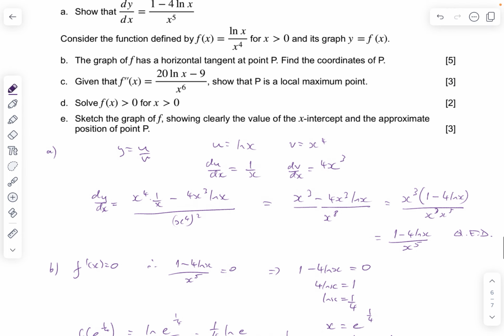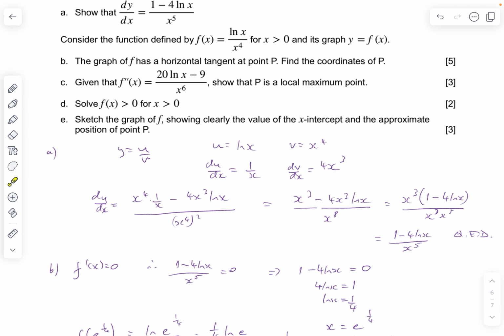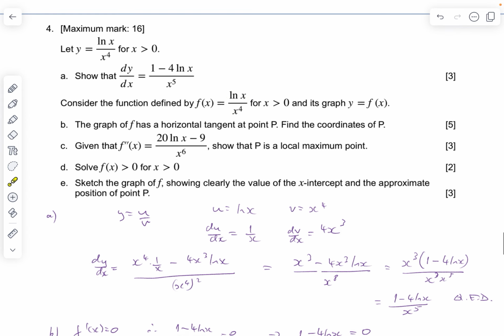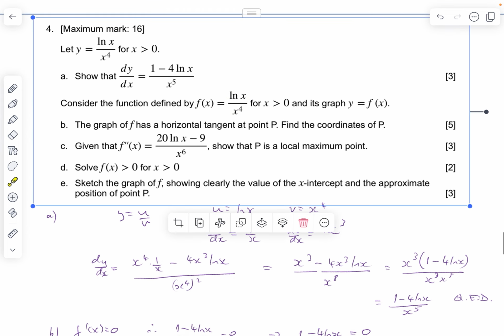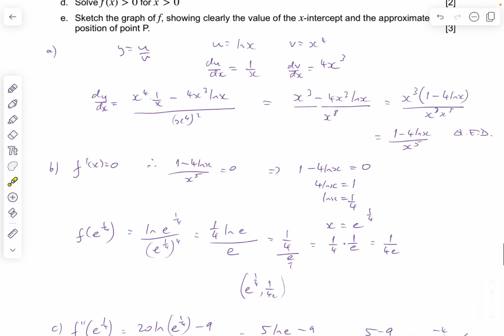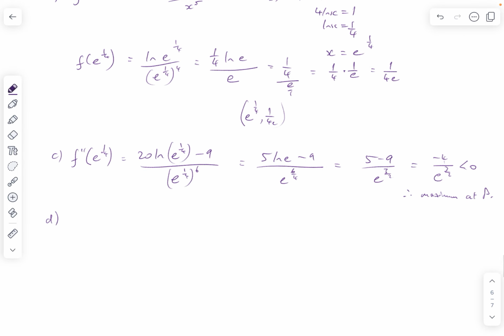Part D. Solve f of x is greater than 0 for x greater than 0. Well, f of x was this value, and x has got to be greater than 0, otherwise we can't put anything in. So let's find out when f of x equals 0, because unless there's an asymptote, it can't cross over the axis. That should give us an idea what it looks like.